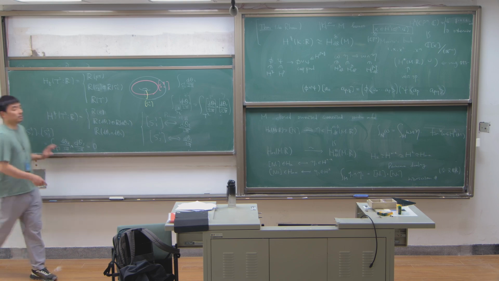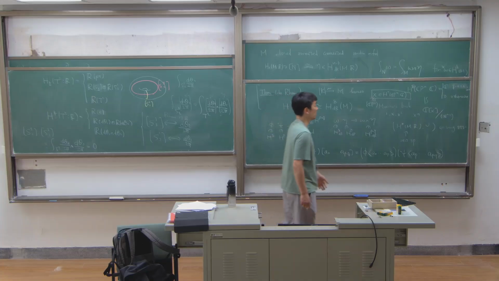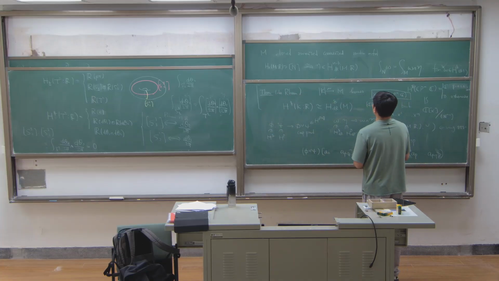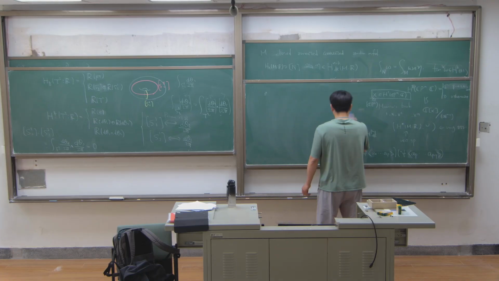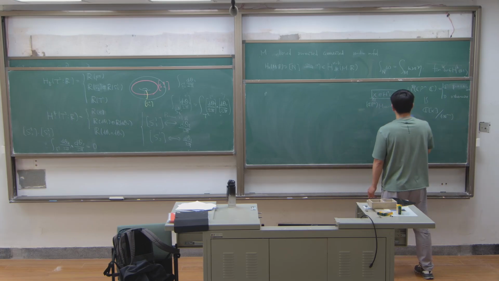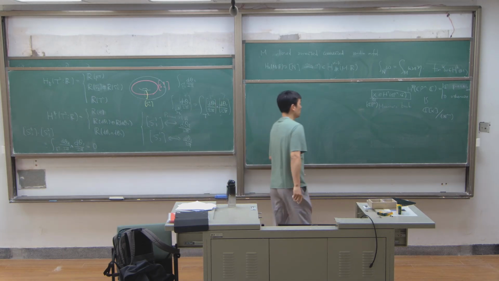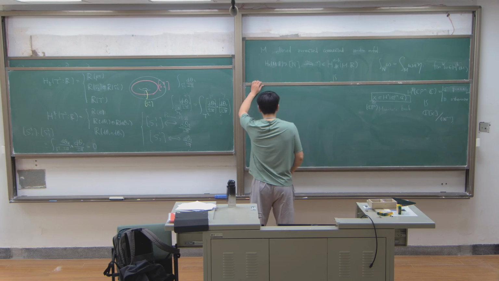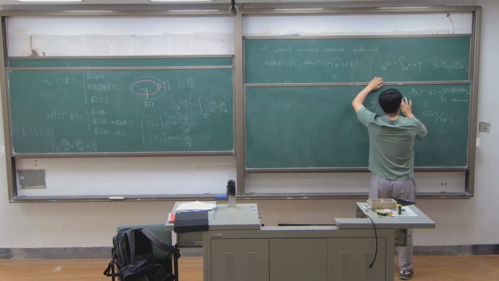Okay. Fine. Now let's look at this example. So see, R quotient is the same. R is always the same. R quotient is the same.